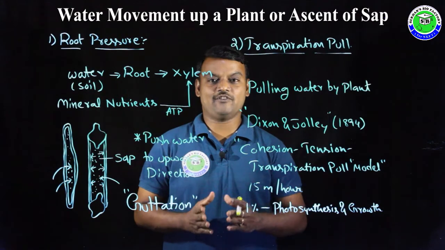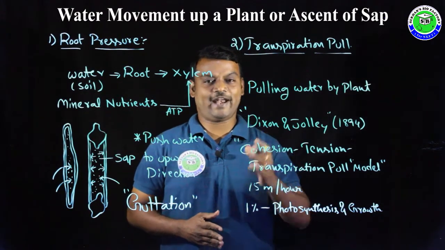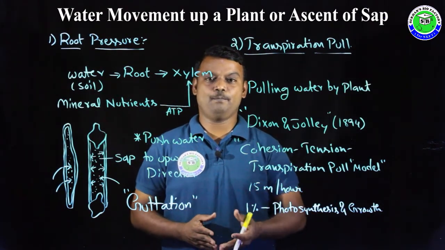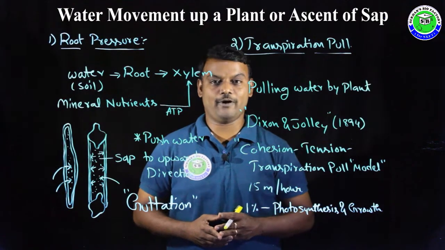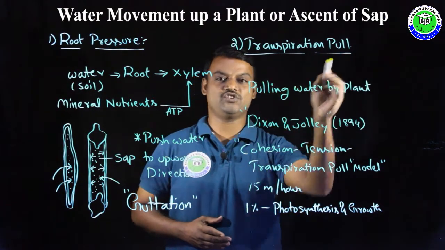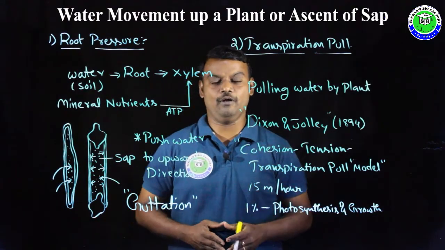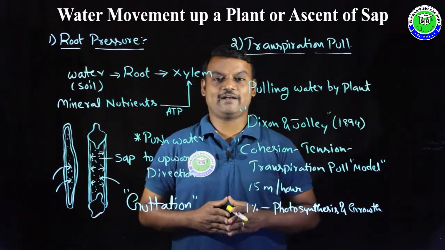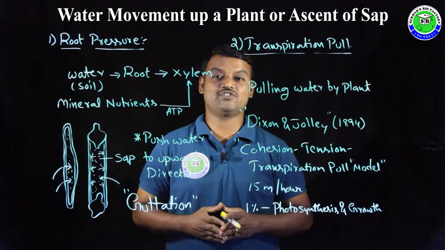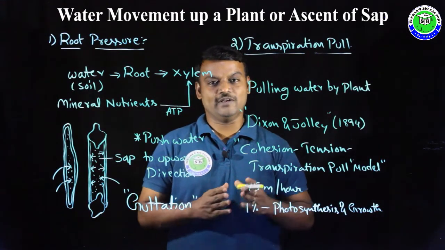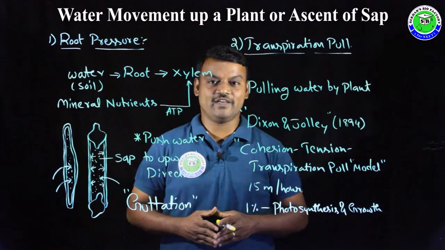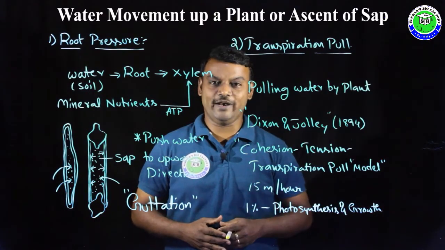It is called the transpiration process. So this transpiration helps to pull the water in the upward direction. It is called transpiration pull. In this way, both root pressure and transpiration pull play a major role in the transportation of water over long distances within the plant body through xylem against the concentration gradient, always in a unidirectional flow.